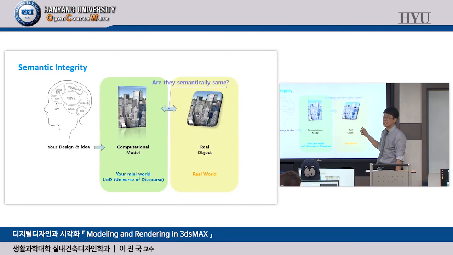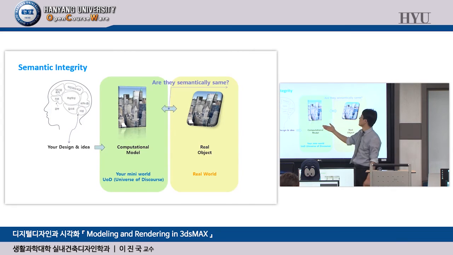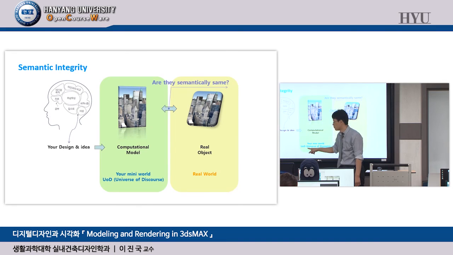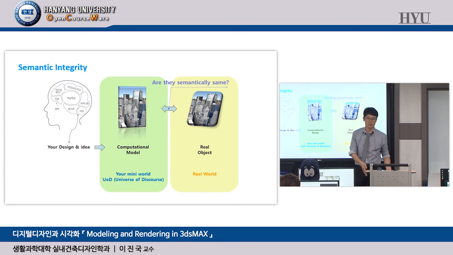This is semantic integrity. Semantically same with your real-world object you are pursuing in terms of your mini-world, in terms of your universe of this course. This universe doesn't need to be same to real-world universe.